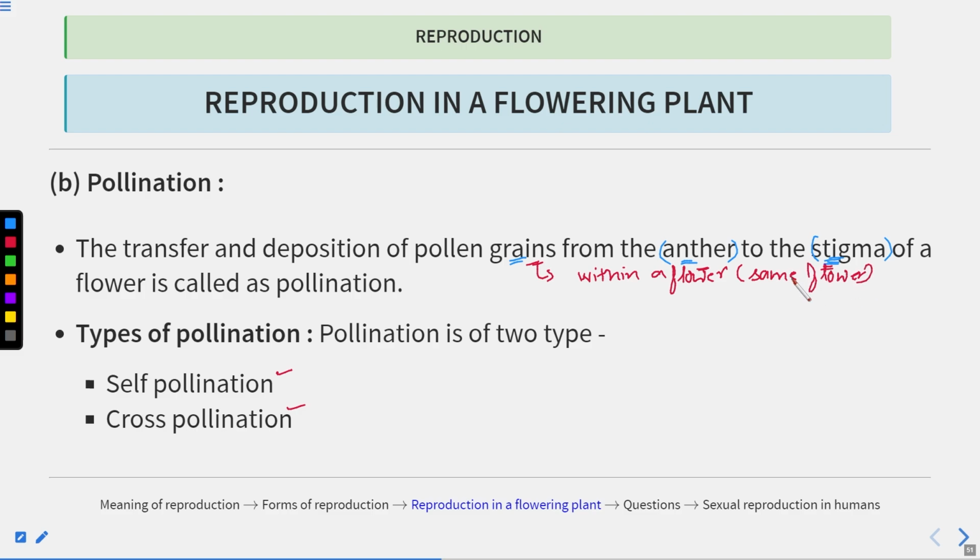This is the first case. In the second case, the pollen grains can be transferred to the stigma of another flower. Again, this flower can be on the same plant or on another plant.